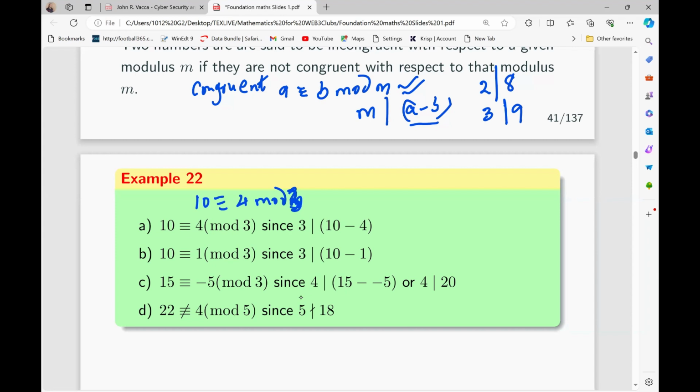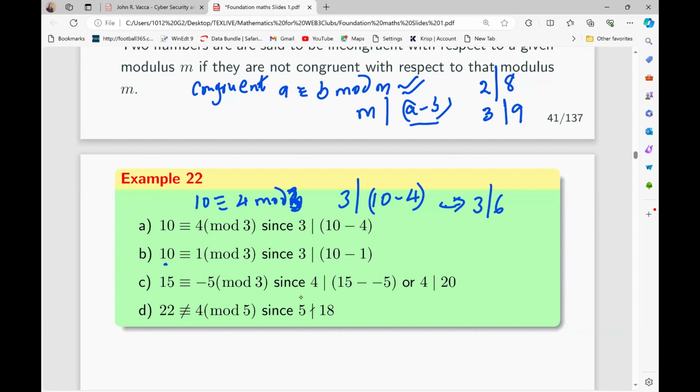What this means is that 3 can divide the difference between 10 and 4. In fact, this difference is just 6. 3 can divide 6, and so you say that 10 is congruent to 4.